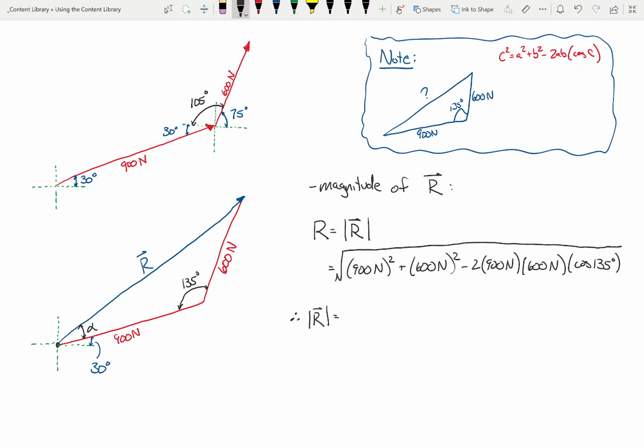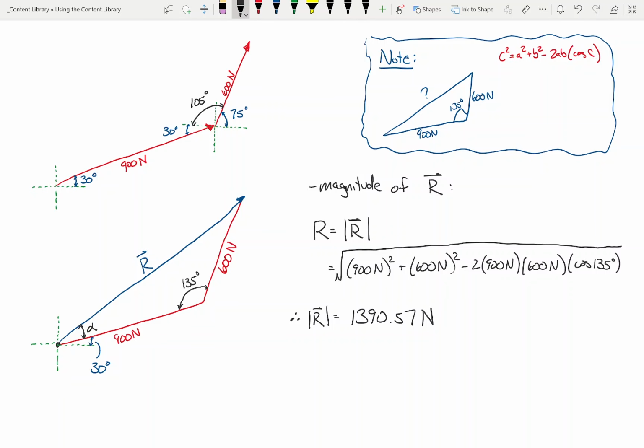Anybody got a value for me? 1,390.57. Do I have a second on that? Okay. And the units for this are newtons.